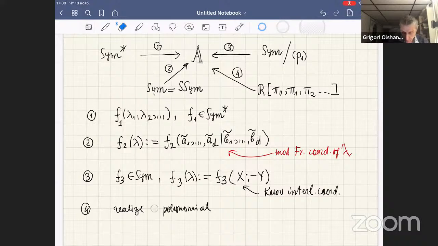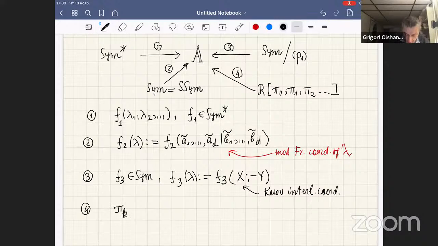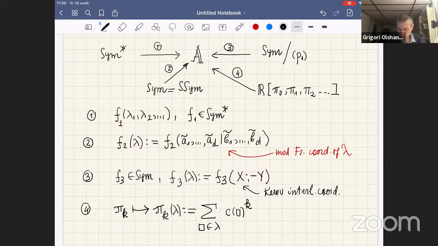Given this abstract element, we assign a function on a Young diagram, which is by definition the sum over all boxes of our diagram. We take the content of a box and raise it to power k, so k is 0, 1, and so on.